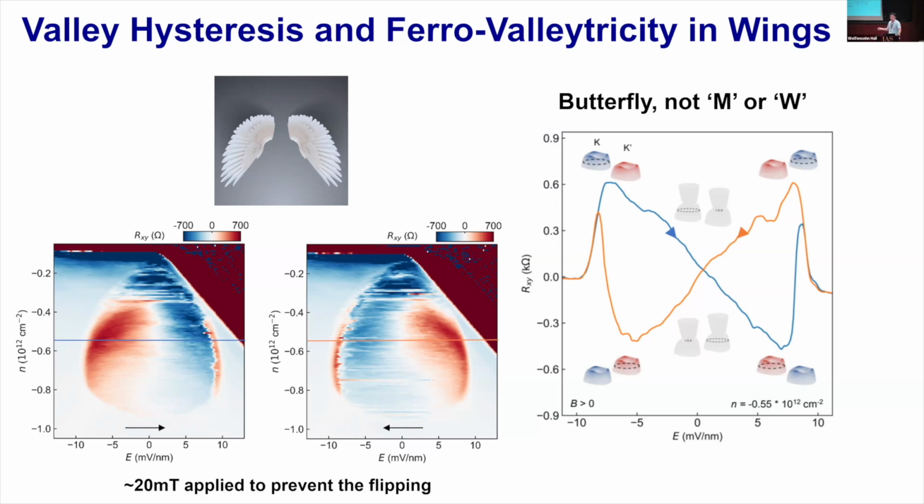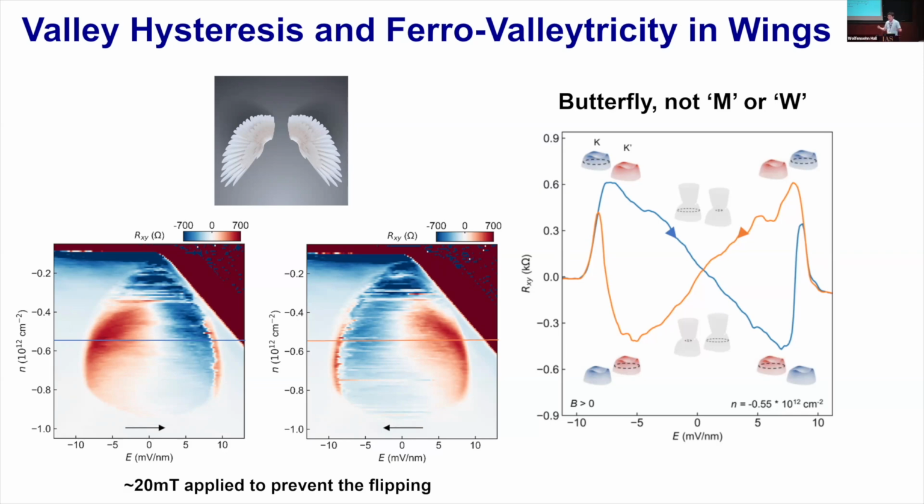However, what the system really chooses to do is it doesn't care about the energy of M dot B to some extent. It decides to stay in the same valley as you go across E equals 0, even if this valley K, in this case, is at a slightly higher energy than valley K prime. So in that sense, what's persisting through the scan here is the valley polarization.